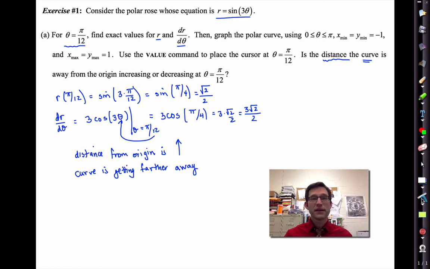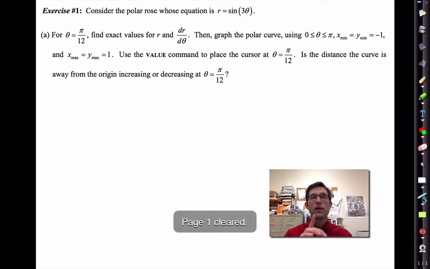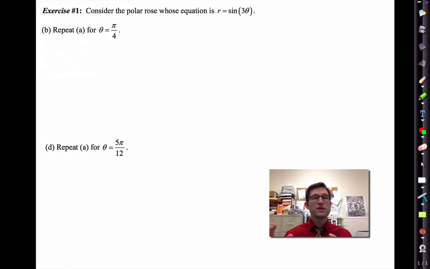I'm going to clear out the text. Okay, get rid of the calculator. All right, let's go on to part B. Now, in part B and part C, we're going to do exactly the same thing, except we're going to do it for 2 additional angles. So I would like you to do that as well. I'm not going to bring up the graphing calculator again.